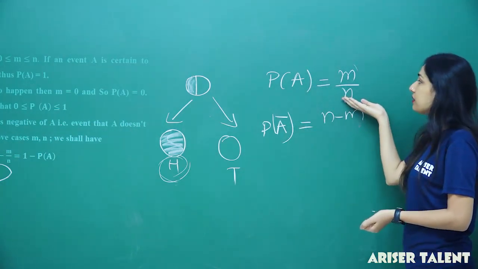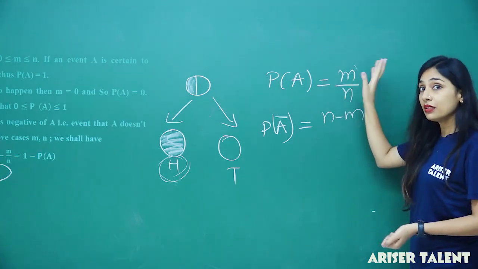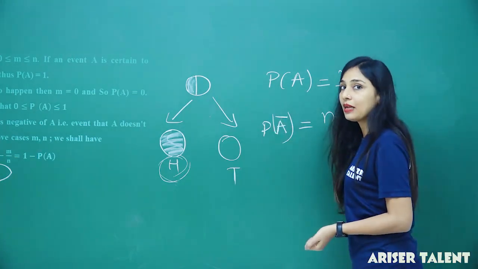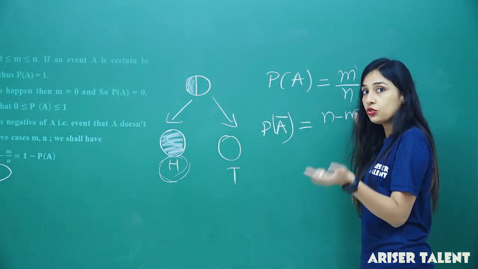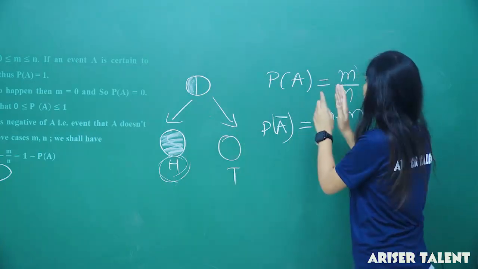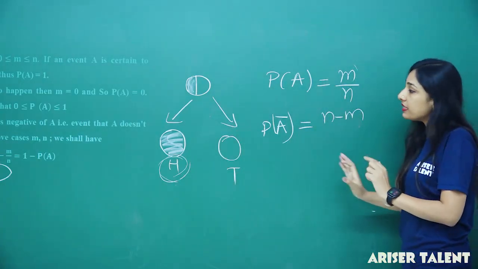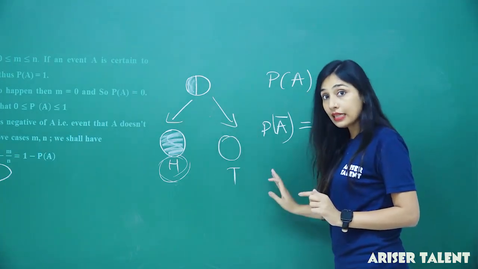Total number of times n, and head occurs m times. So basically tail occurs when? Total number minus the number of heads, so n minus m. It's basically the event where tail occurs.